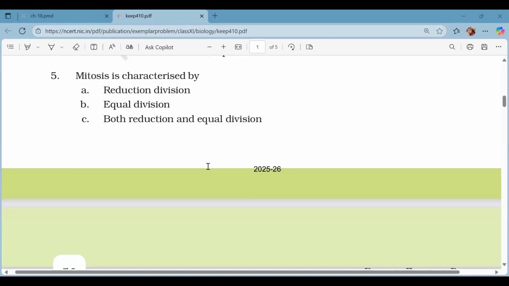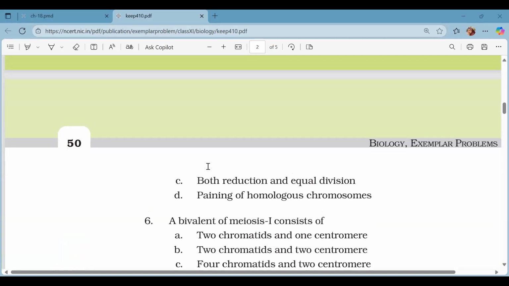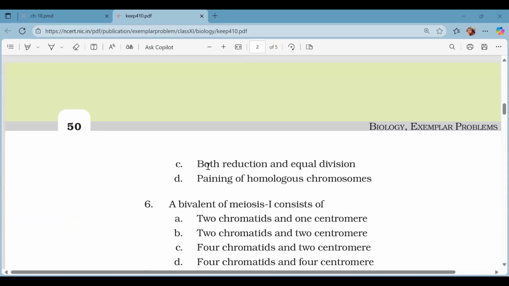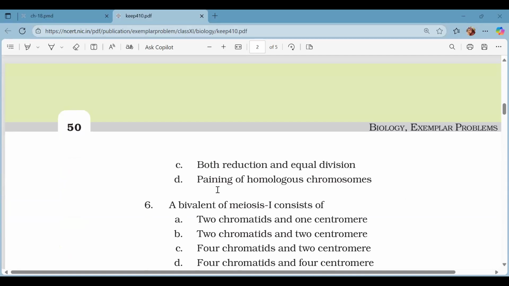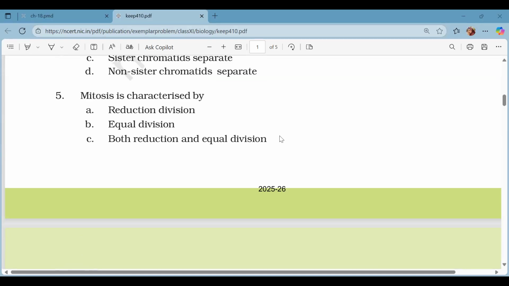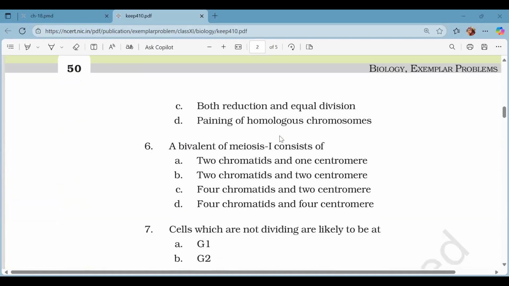Acha, mitosis is characterized by which of the following? Reduction, equal, both reduction and equal, and then pairing of homologous chromosomes. Which one? Equal division, because there is no reduction in the chromosomes during mitosis. It is an equational division. All right.